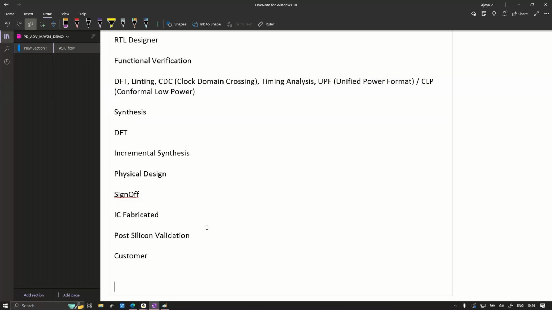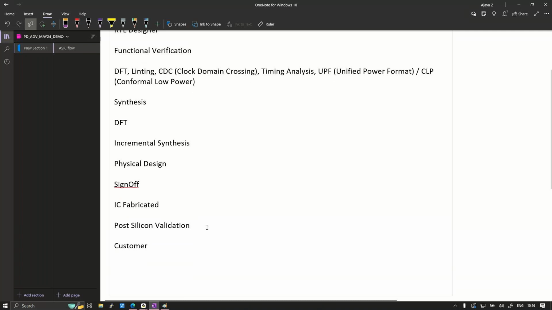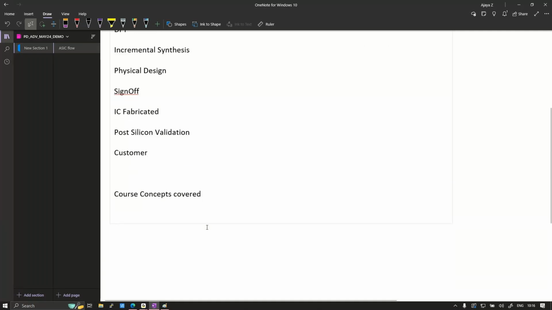In this particular ASIC flow, what we are going to be majorly focusing on, what all we are going to be covering: first one, synthesis, and we are going to be using Synopsys tools only.